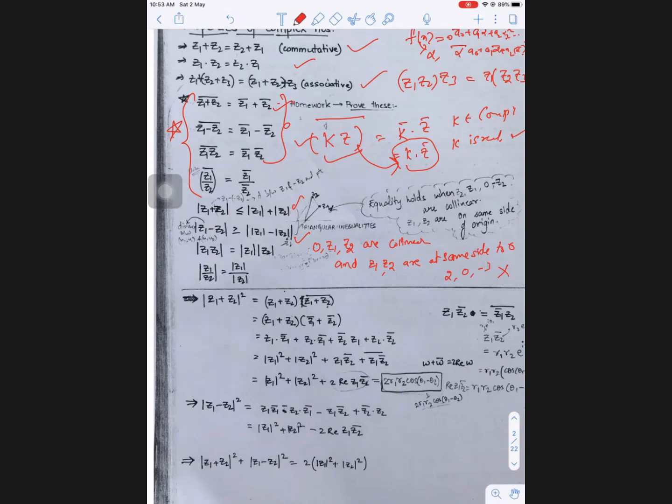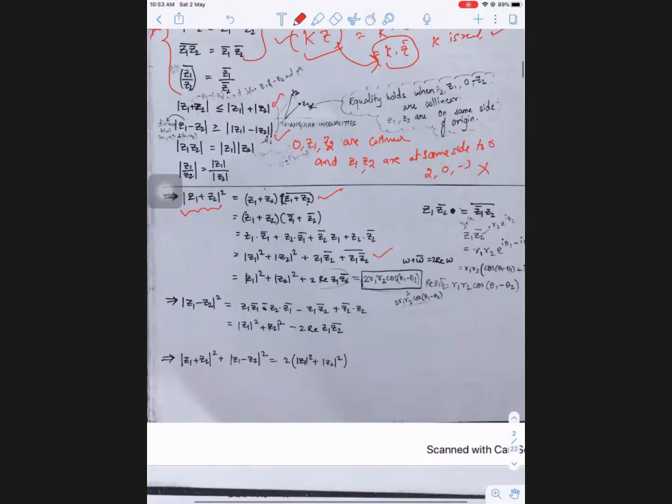Next, this formula is also very important when you are solving problems. Mod of (Z1 plus Z2) whole square: we have three formulas. One is (Z1 plus Z2) into (Z1 bar plus Z2 bar), that you can write. Which is exactly equal to mod Z1 square plus mod Z2 square plus Z1 Z2 bar, meaning if you multiply separately, you will get Z1 Z2 bar plus Z1 bar Z2, which is exactly the conjugate of Z1 Z2 bar.